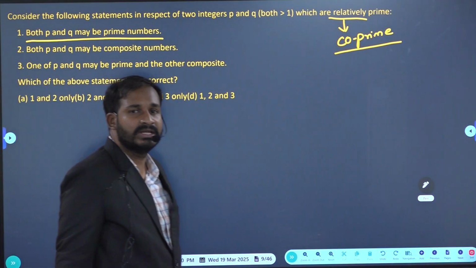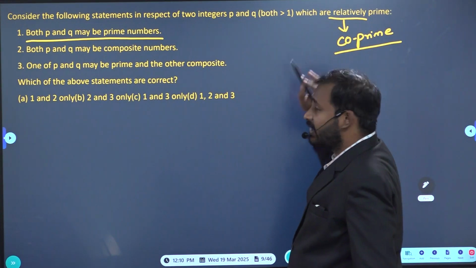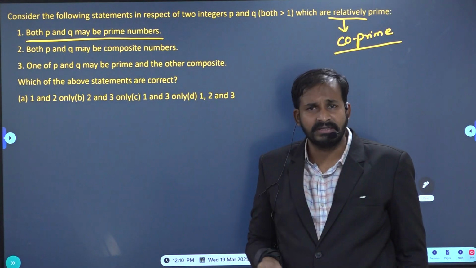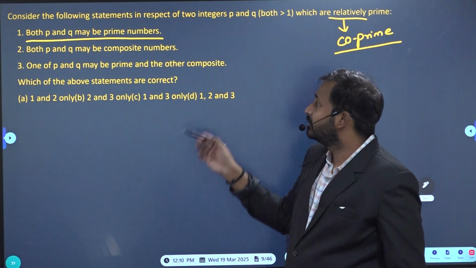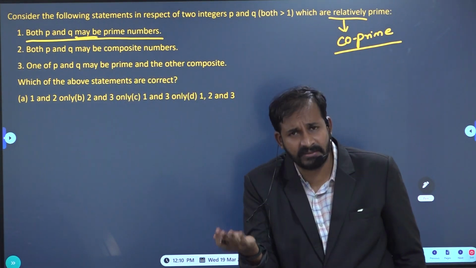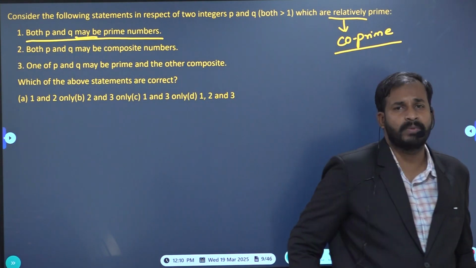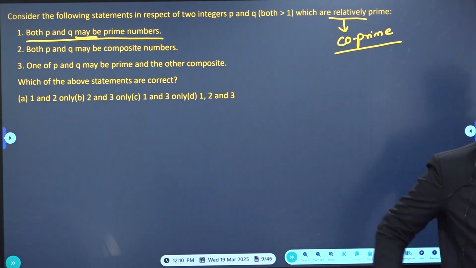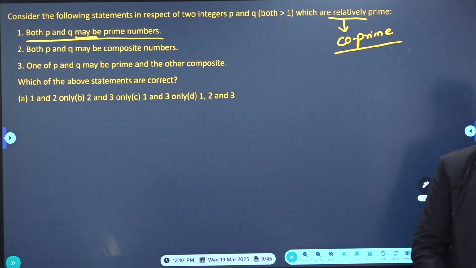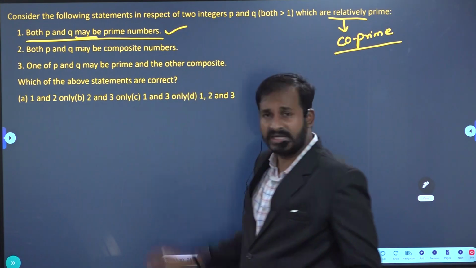Both p and q may be prime numbers. If they are relatively prime, they can be prime, right? He is not forcing here, he is saying that they can be prime numbers. Yes. Any two prime numbers can obviously be co-primes. We all know it very well. So, maybe prime numbers, that is true.